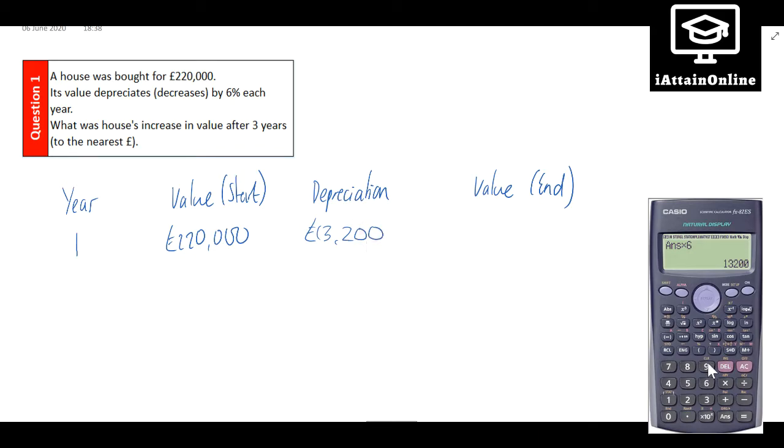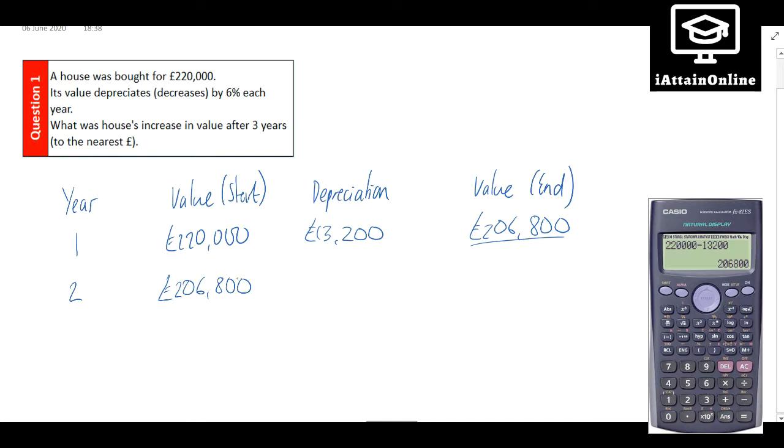So now if I did 220,000 take away 13,200, that tells me that the value at the end of the first year was £206,800.